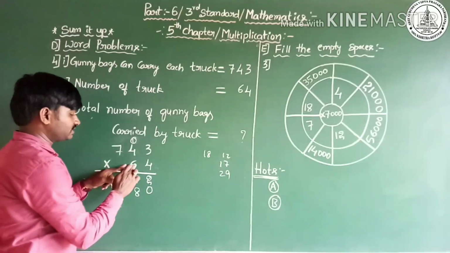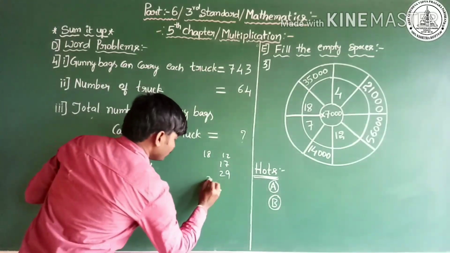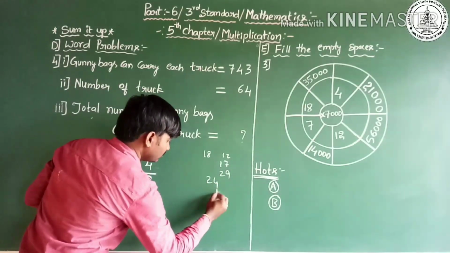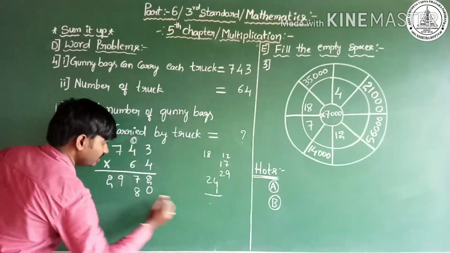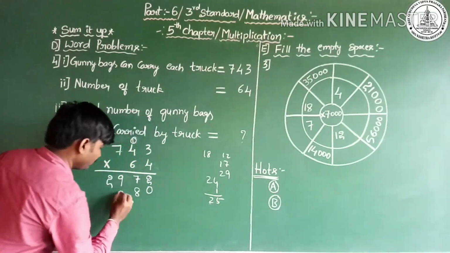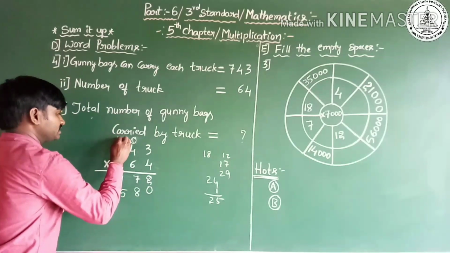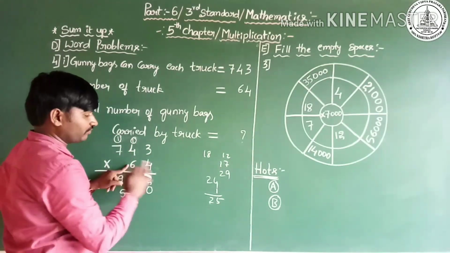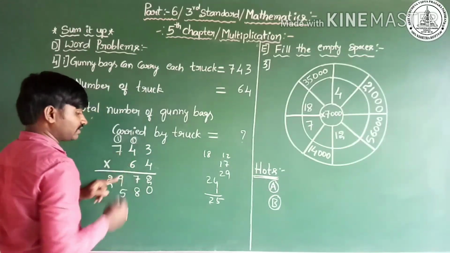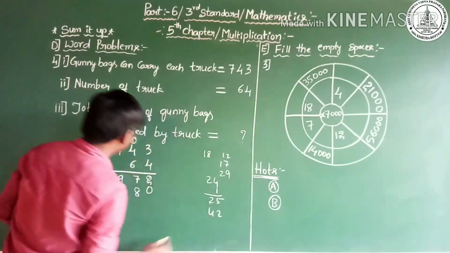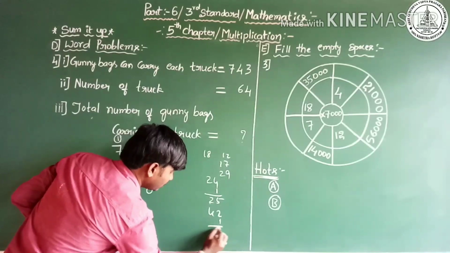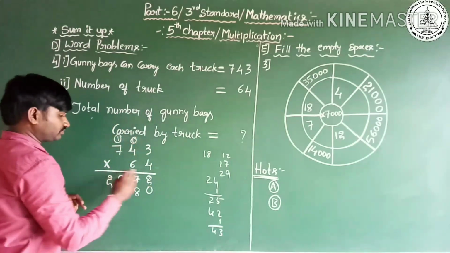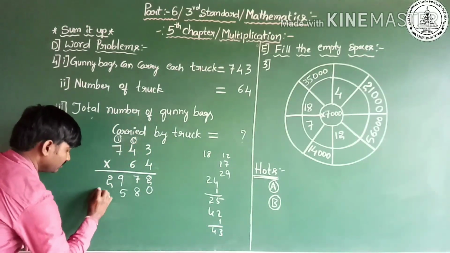The next 6 4s are 24 plus 1, 25. 5 is here, 1 is carried over. The next 6 7s are 42, 42 plus 1, 43.